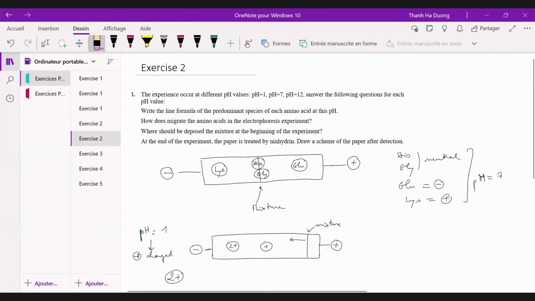Okay, so at the end, you will have histidine and lysine here, and glu and gly here. Okay? Other question?